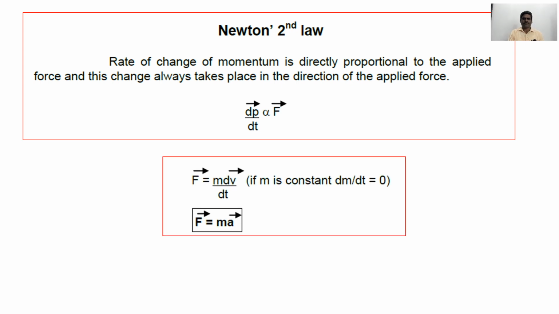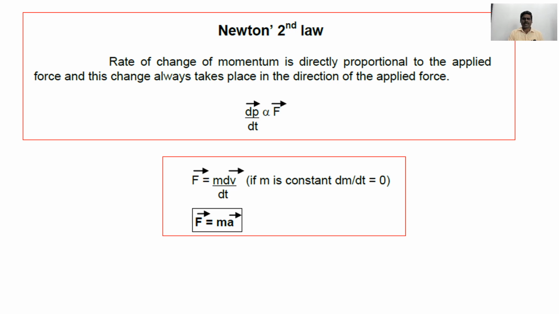We know momentum P equals m into v, and mass is a constant and velocity may vary as a variable. Therefore, F equals m into dv by dt, and here m is constant, dm by dt is 0, and dv by dt, that is rate of change of velocity, is acceleration. Therefore, F equals m into a.